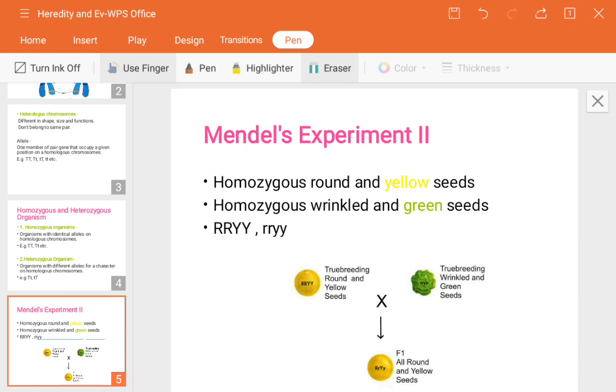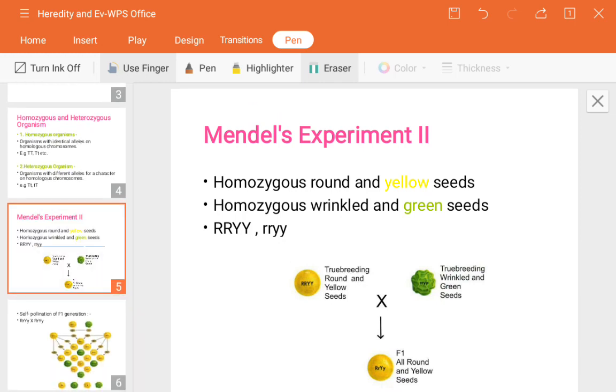Same here, the round and yellow seeds suppressed the recessive character of wrinkled and green seeds. So in the first filial generation, all round and all yellow seeds were obtained. This was the second experiment of Mendel.